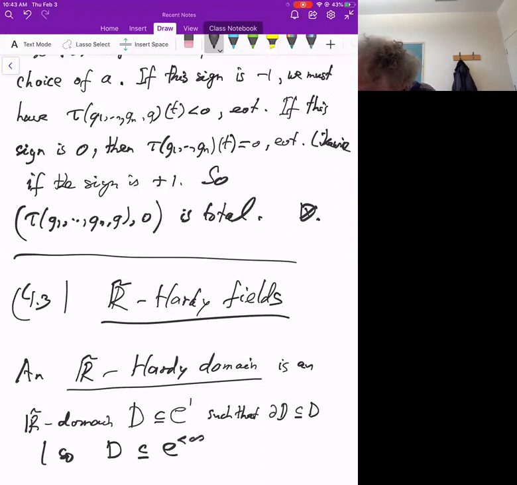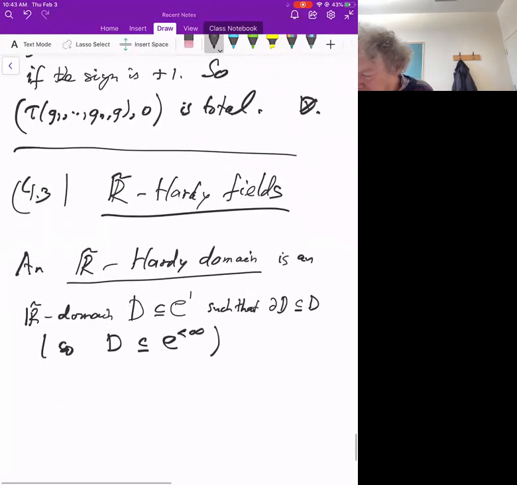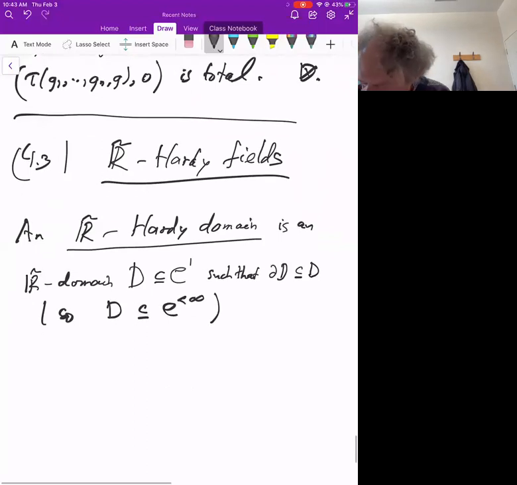And an R tilde Hardy field is simply an R tilde Hardy domain whose underlying ring is a field. And that's what we are going to consider from then on.